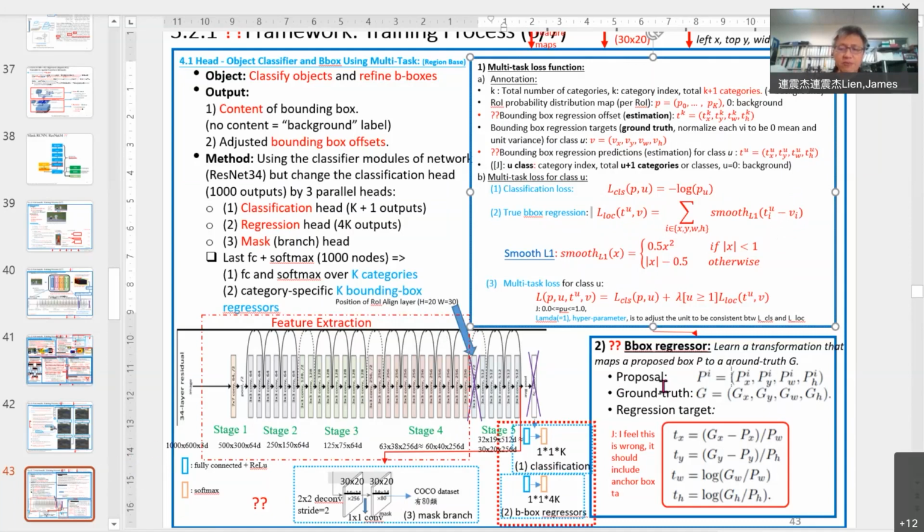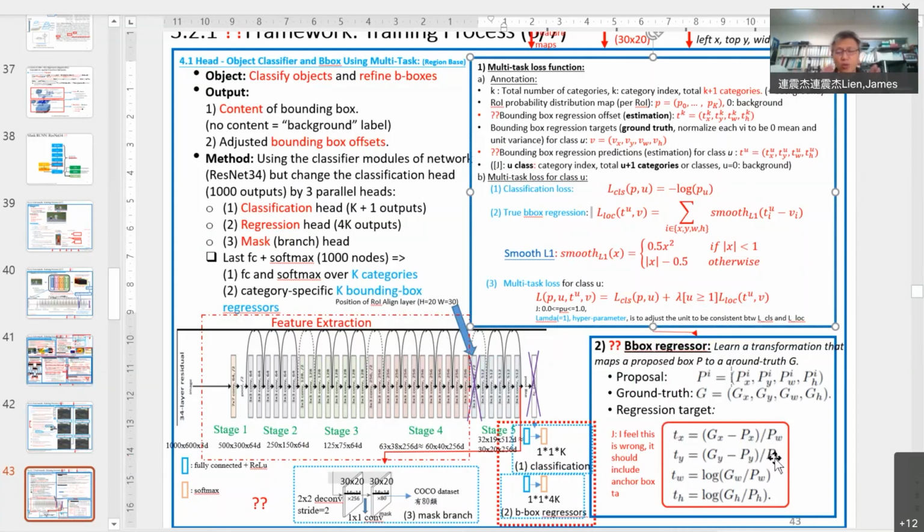And this is important for the region proposal. The denominator term has a term for the normalization. For the bounding box regression, x, y, w, h, they have a denominator term, and this term actually is the anchor size.